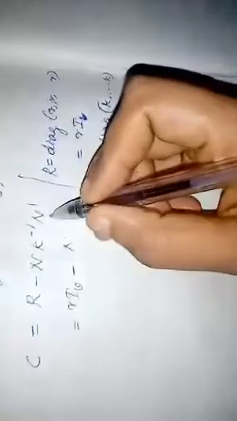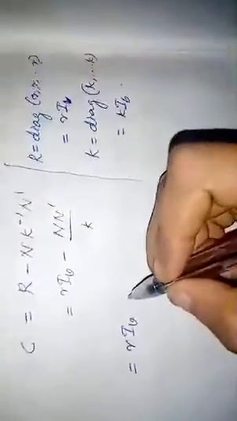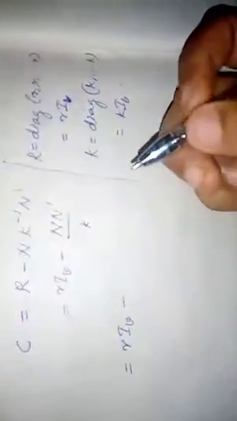So here, what is C? C equal to small r into IV minus, we can write N K inverse N transpose as N into N transpose divided by K, which is equal to r IV minus, we know the value for N N transpose, right?